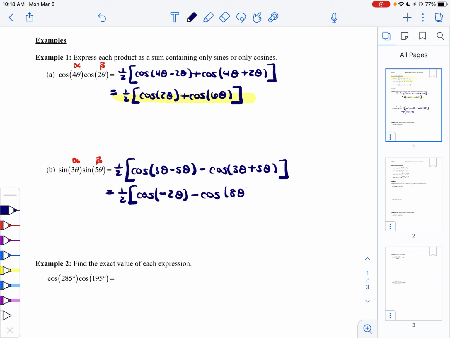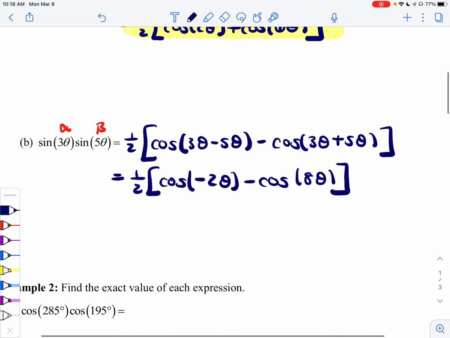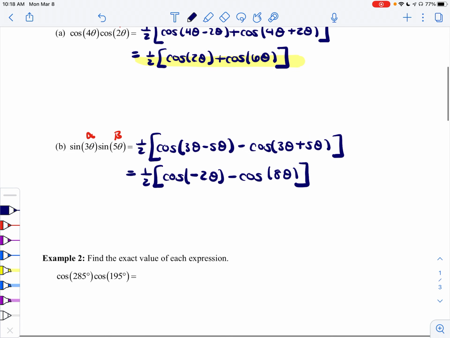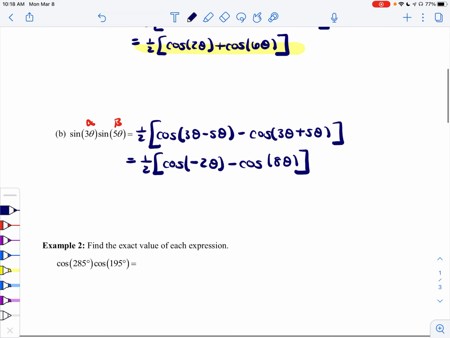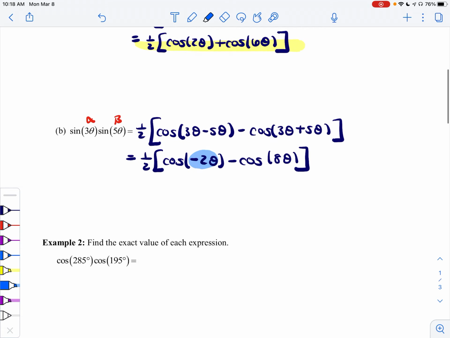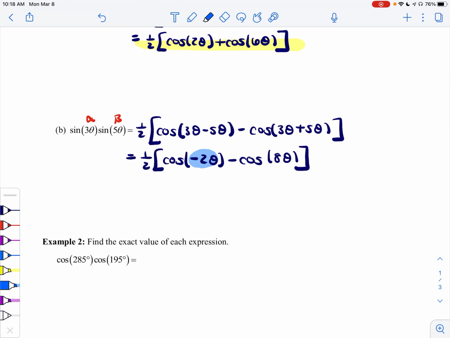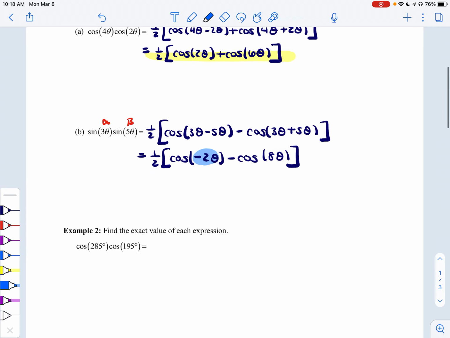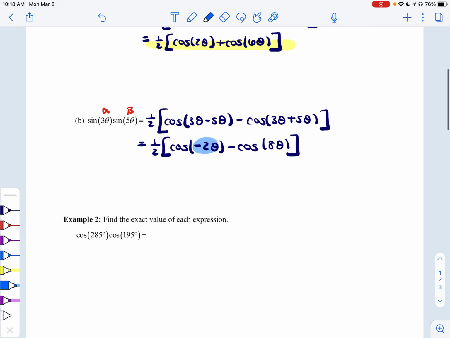Now there's one extra thing that I want to do on this example that we didn't have to on part A. Looking at this first term, we have a cosine of negative 2 theta. We're never going to want to leave our answers with a negative angle inside of it. Instead, we're going to want to remember our even odd properties in order to rewrite any negative angles as a positive angle.